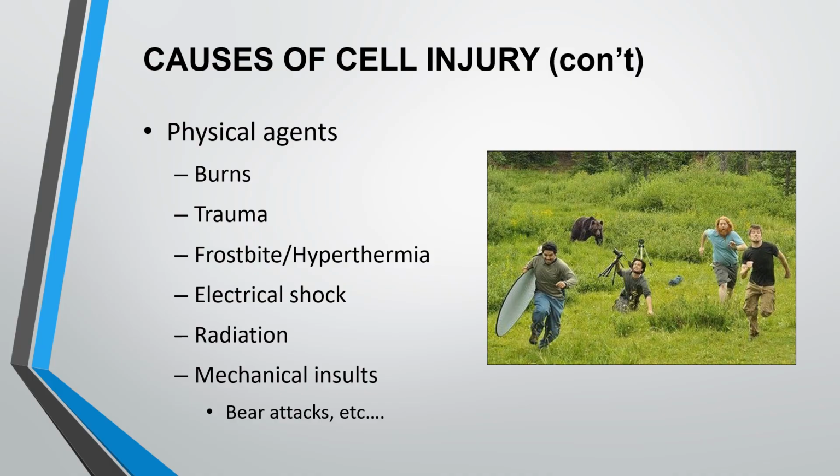Physical agents are the most intuitive causes of cell injury, the ouch category. Burns denature proteins, trauma disrupts membranes, frostbite and hypothermia break enzymatic systems, which, enzymes are very temperature sensitive divas. Electrical shock interferes with ion gradients, which cells absolutely depend on. Radiation damages DNA directly.